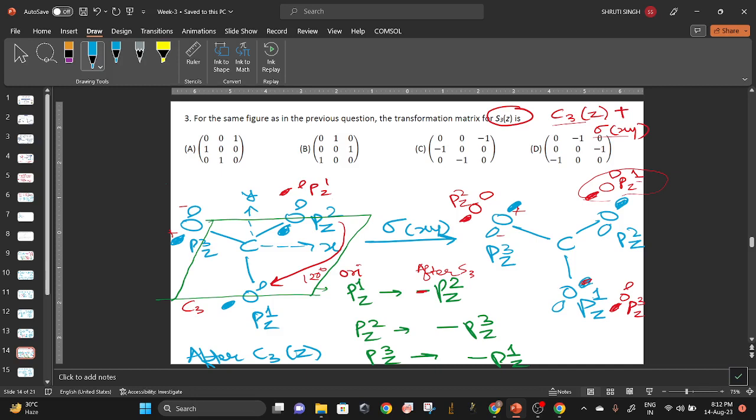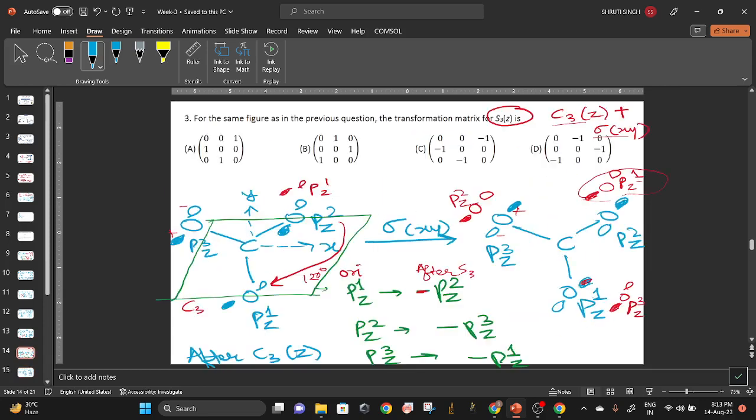Yes. Answer D. Isn't it? Is this correct? Answer D. Yes. No, madam, but the answer given here is C.